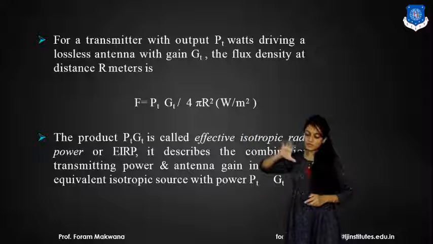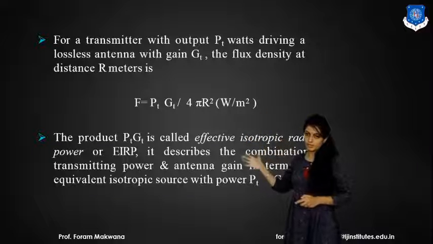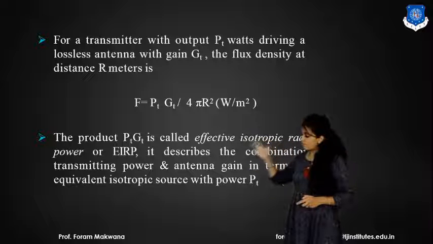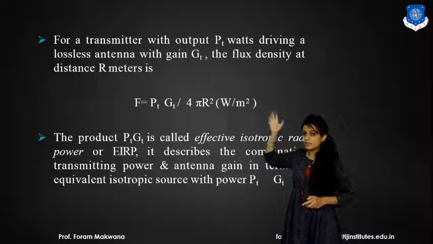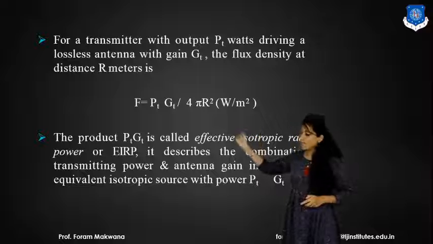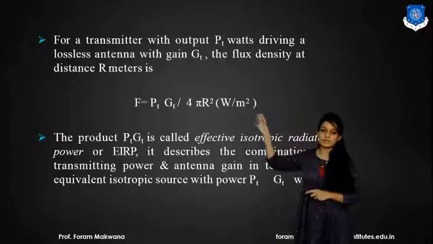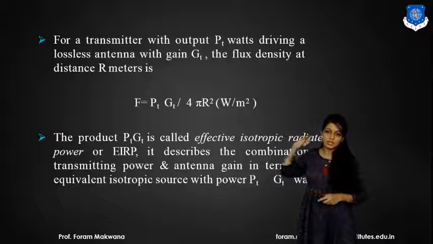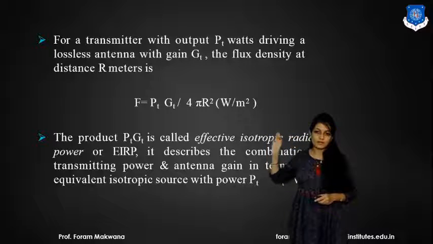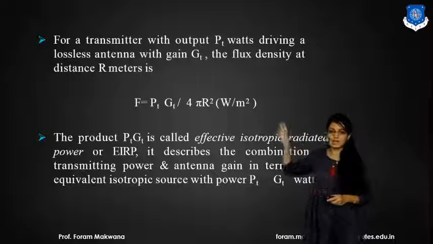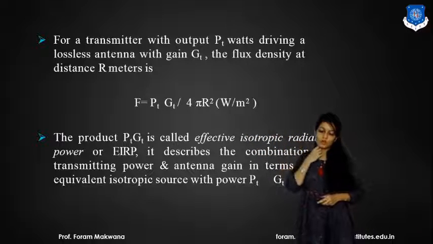We know the formula of saturation flux density is PT upon 4 pi r squared. Why do we need to multiply by GT? The reason is that the transmitting antenna has a specific gain, so we multiply the function by the gain. Gain is unitless, so the unit of the saturation flux density at distance r remains the same, watt per meter squared.